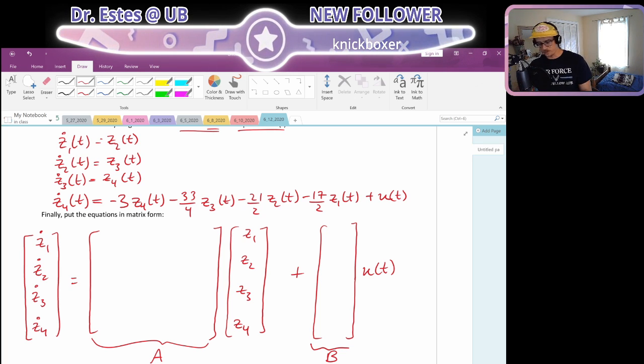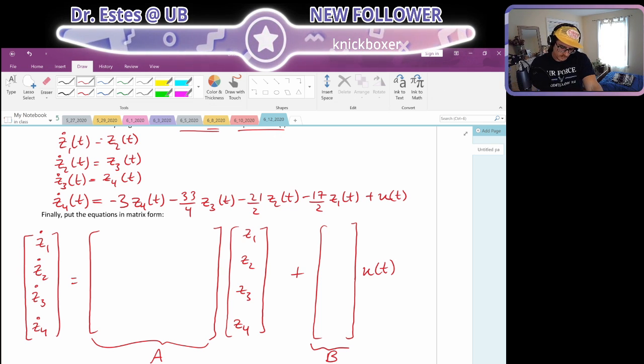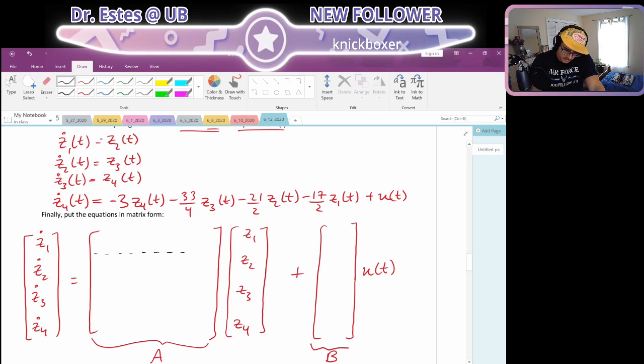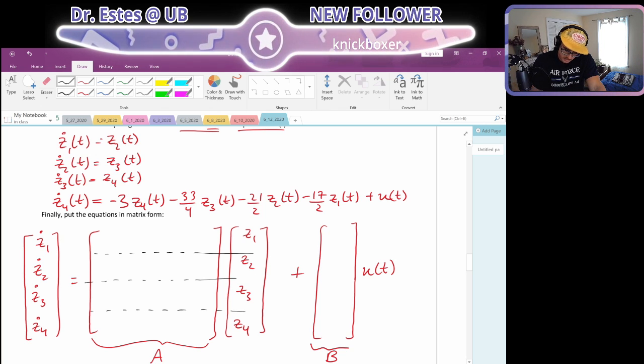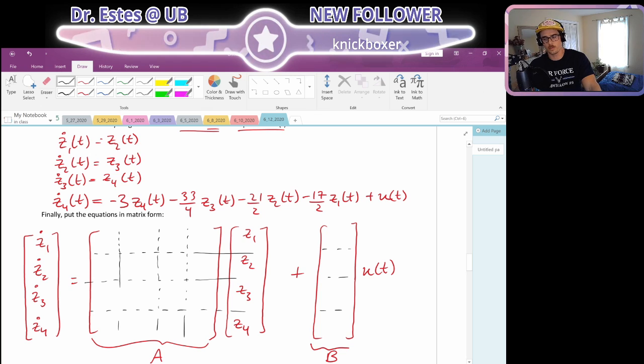All right, did you fill it in? Do you feel confident? So this matrix, what size is it? It's going to be 4x4. 4 states.